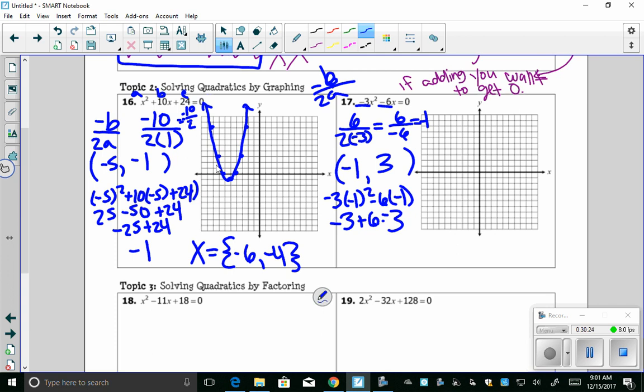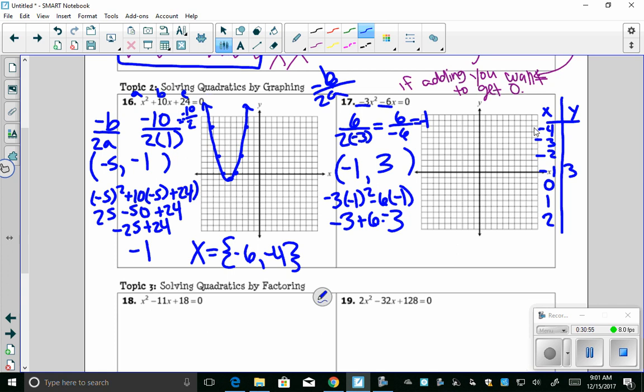Continue with writing another table on the side of your paper. X, Y. Negative 1, 3 goes in the middle. Negative 2, negative 3. I didn't leave myself enough room. Negative 4, negative 3, negative 2, negative 1, 0, 1, 2. Plug them in.